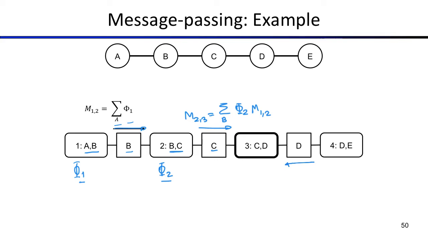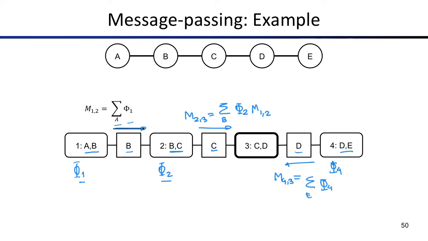What's going to be this message? It is the message that comes from 4 and goes to 3. It is composed of the factor that I have here, big phi 4, with the elimination of one variable that I was almost forgetting. Here we have the variables d and e, but the separator is just d. So I can eliminate the variable e over the phi 4, and I send that message.